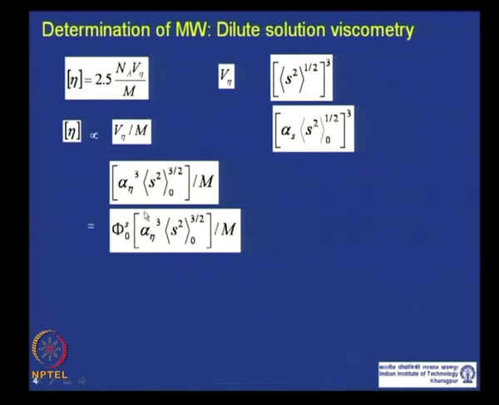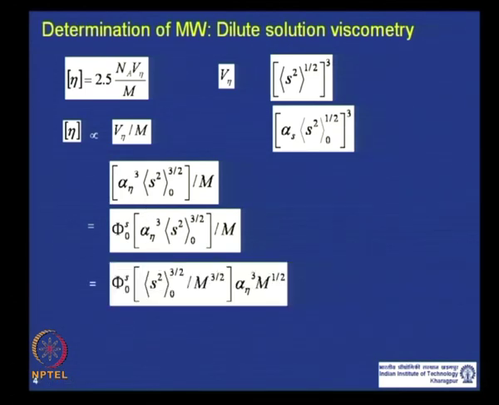This expansion happened because the polymer coil is in solvent. We can rearrange this expression and write this, which is just a mathematical rearrangement.